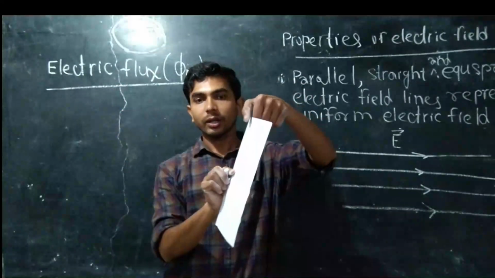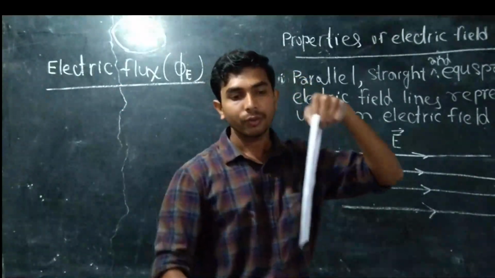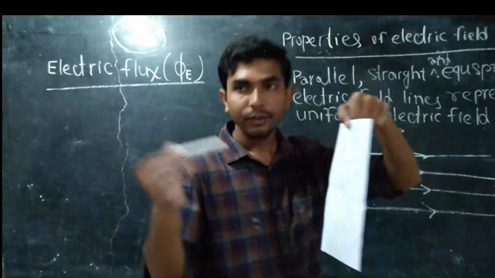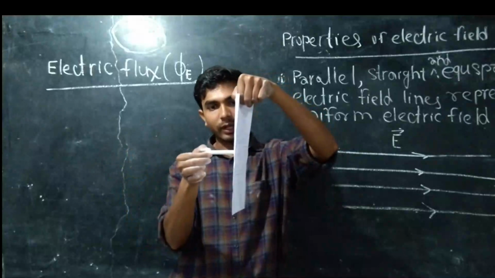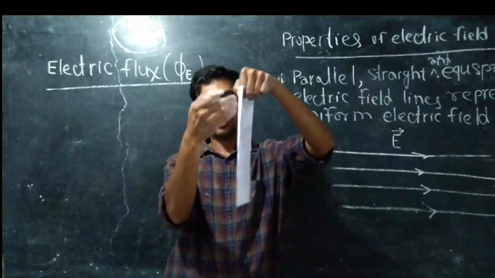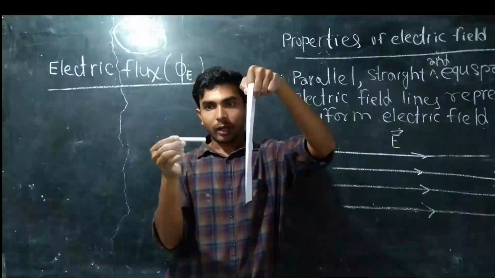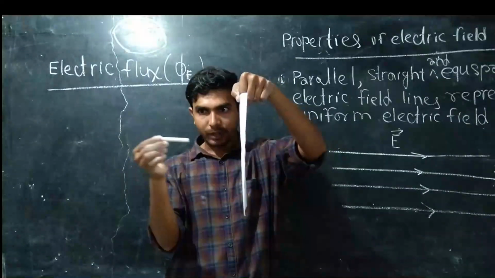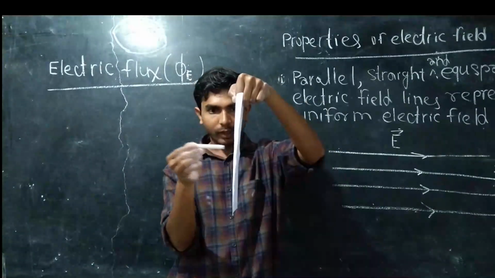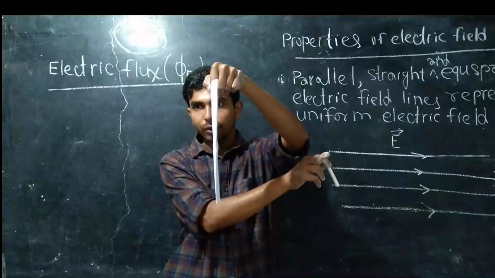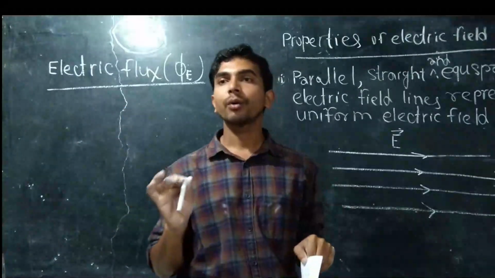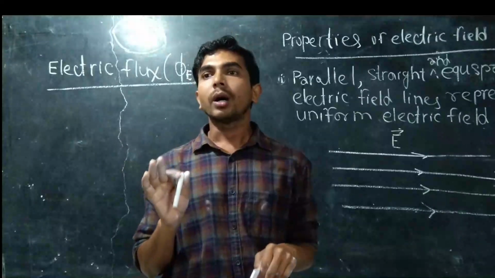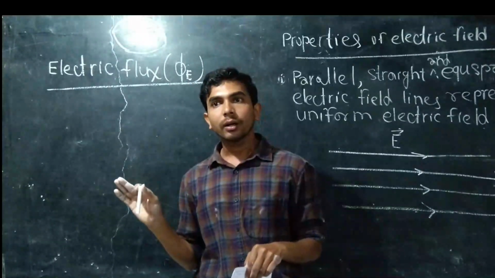Suppose this is your area, and these are your electric field lines. The electric field lines come in perpendicularly like this, and go out like this, right? So electric flux is basically the count of the number of electric field lines passing perpendicularly through any area.